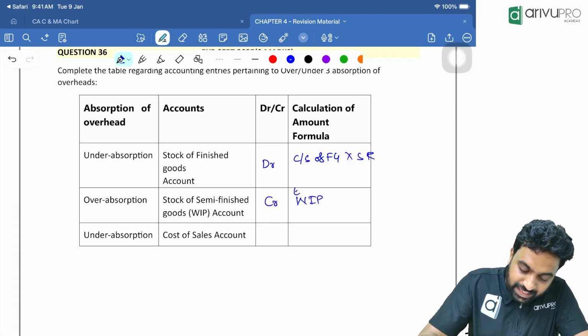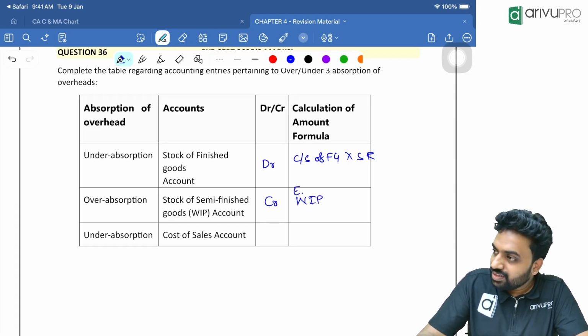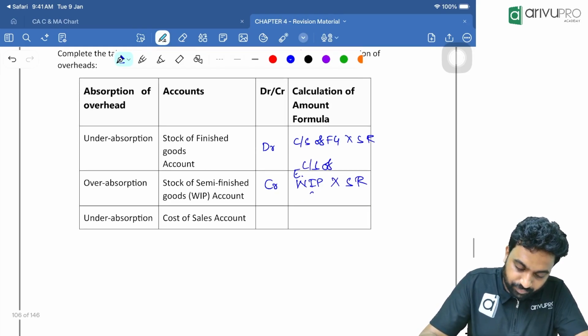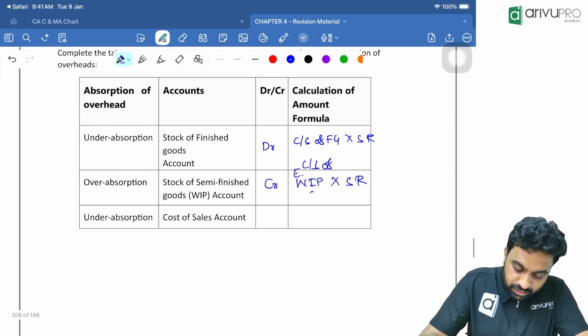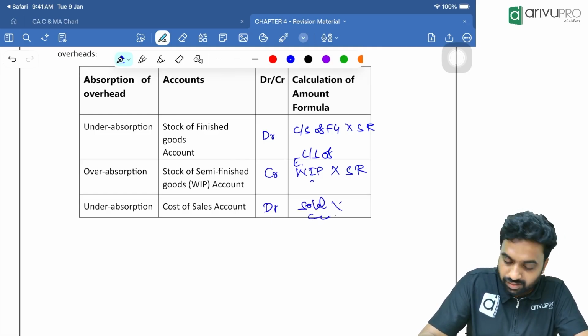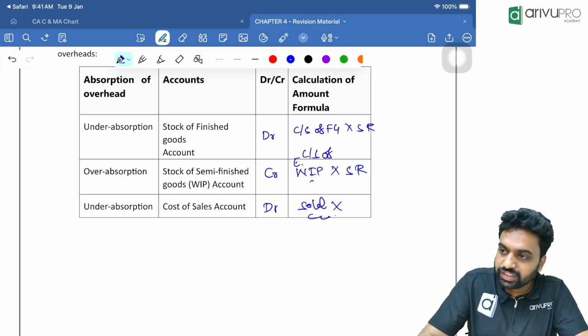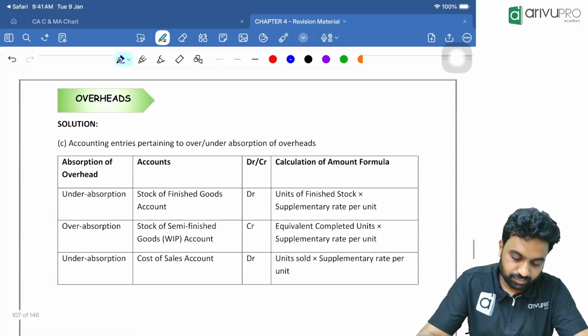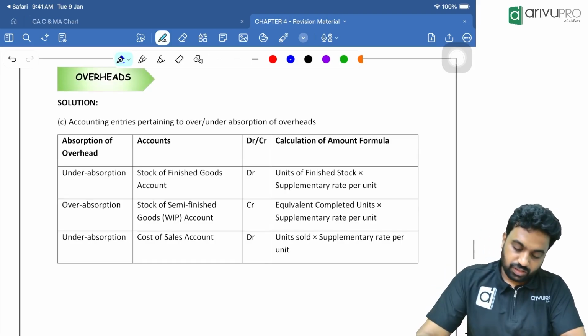WIP, that is equivalent WIP, guys. Closing stock of equivalent WIP into supplementary rate. Under absorption, cost of sales debit: units produced and sold during the period multiplied with the supplementary rate. Got it?